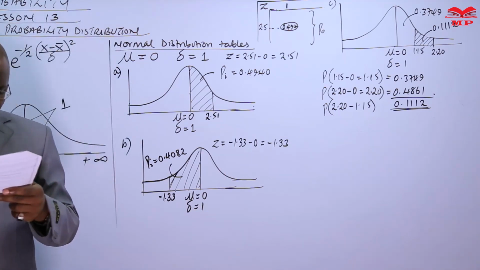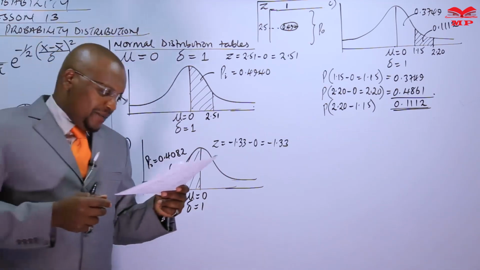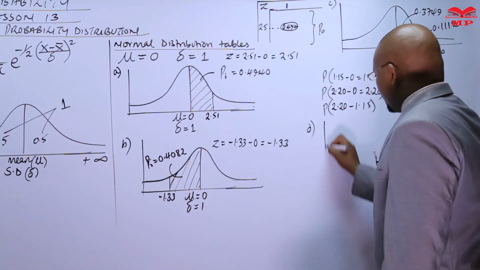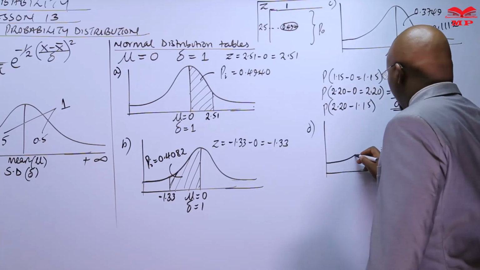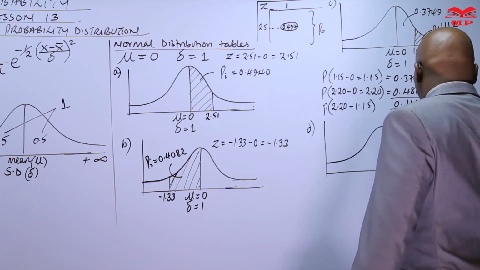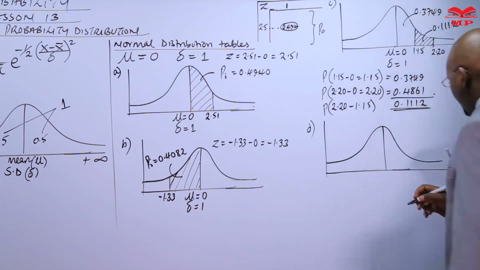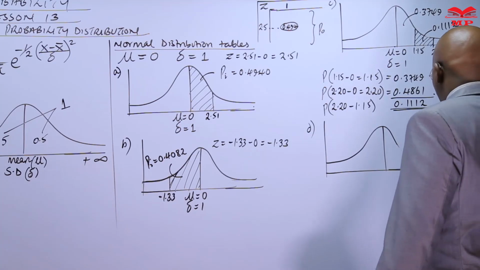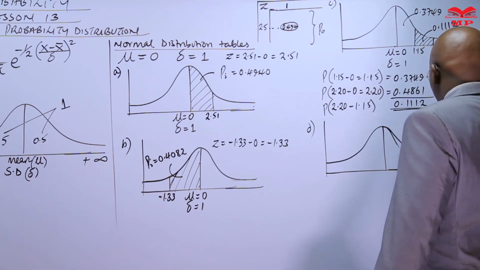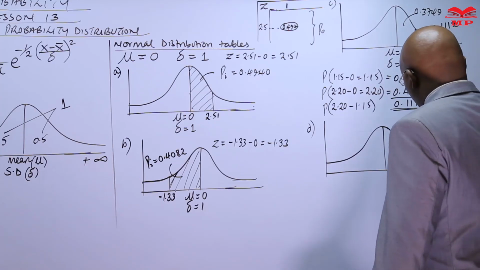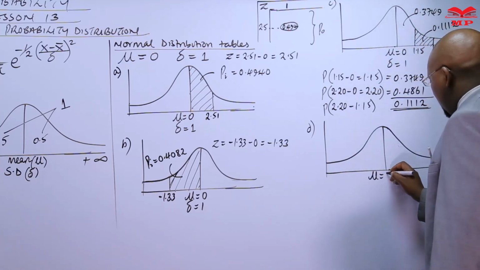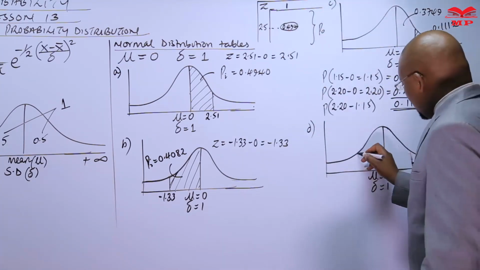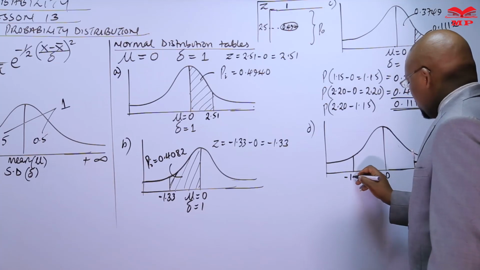The next requirement is that it is less than negative 1.5 or less. This is part D. So part D, if this is our middle point, so we have the mean is 0 and the deviation is 1, and then you have the negative 1.5 here.